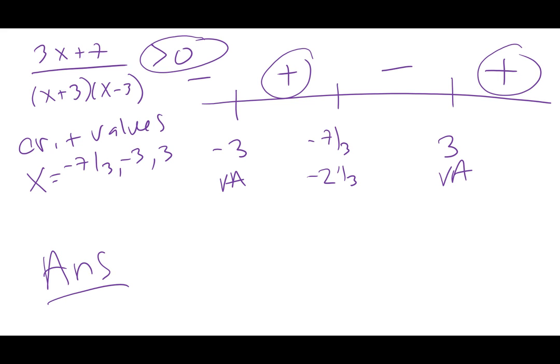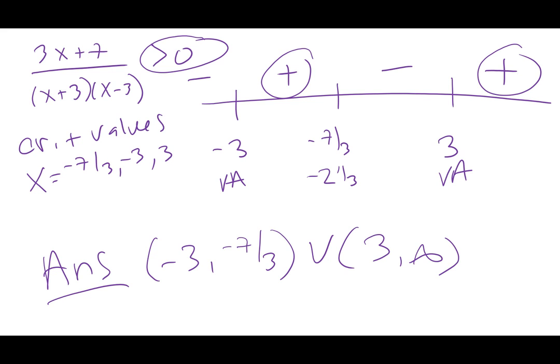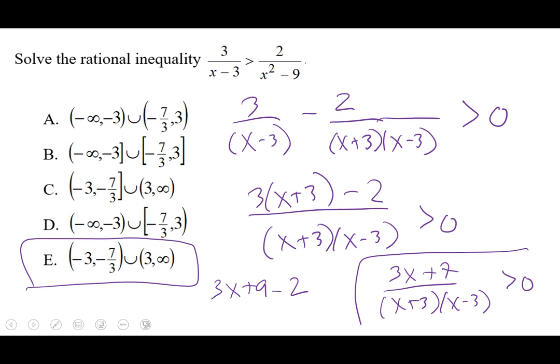And because it's strictly greater than 0, you are not including any of the critical values. So that means you're going parentheses from -3 to -7/3, and then parentheses from 3 to infinity. No brackets anywhere, so parentheses for all, which is why if you go back to the previous slide, just to confirm here, that should in fact be choice E.